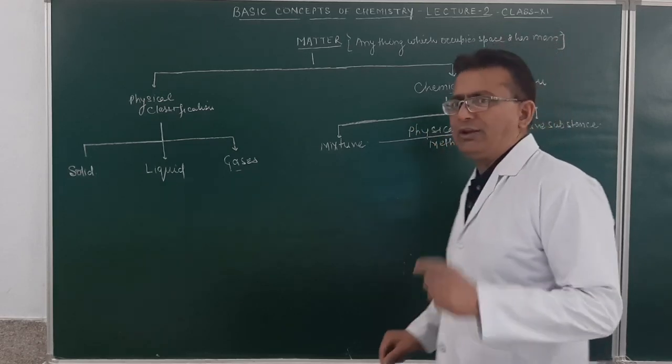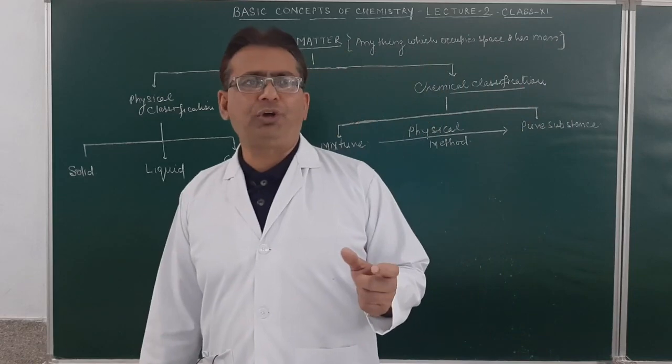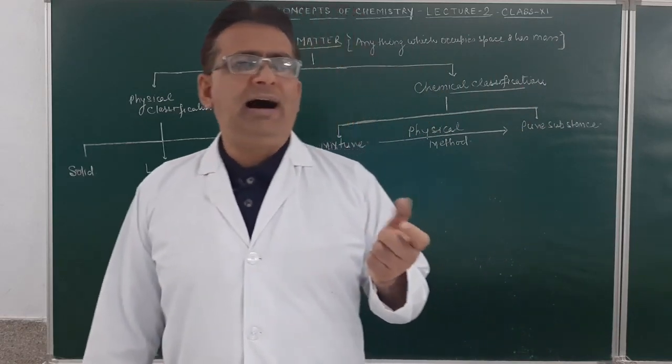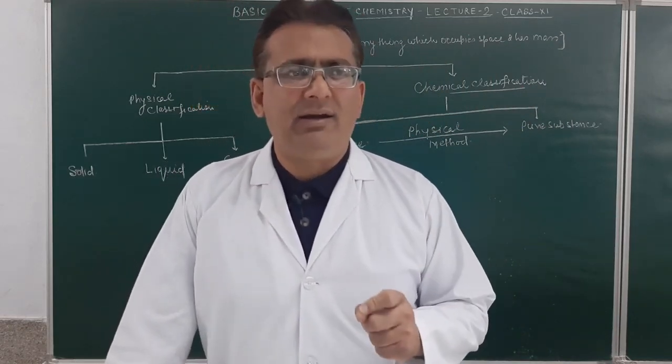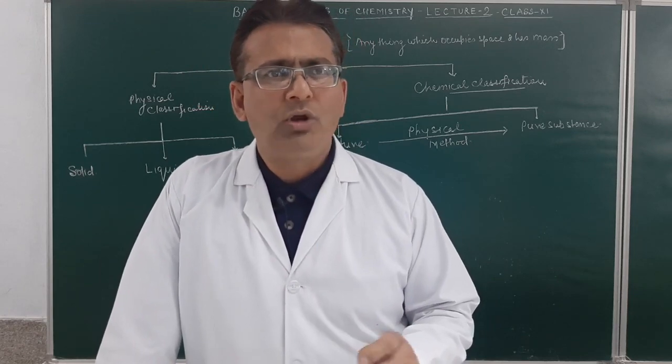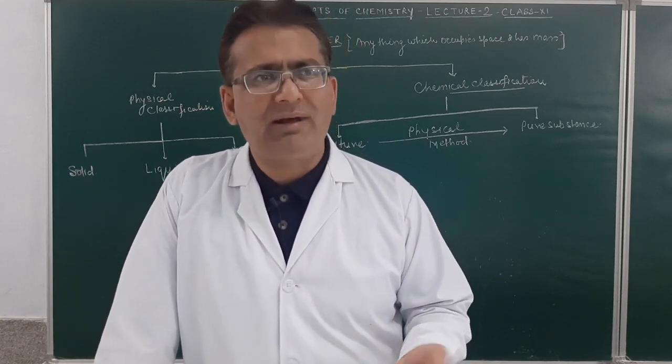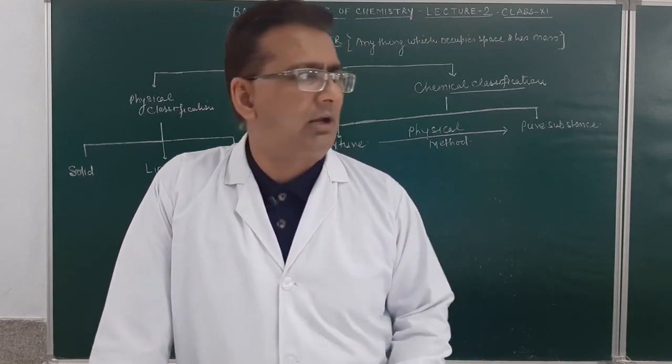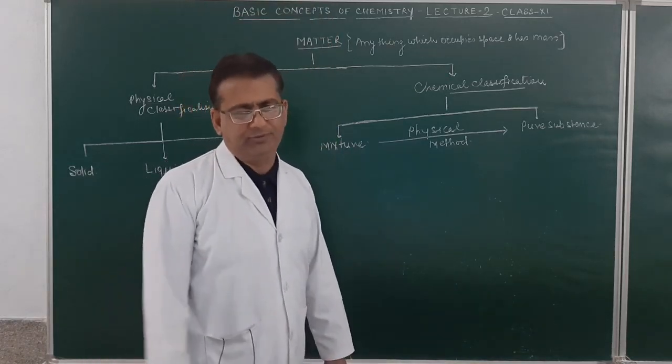For example, if you have a mixture of iron nails and sand, how will you separate that? That can be separated by the hand picking method or by the magnetism method.